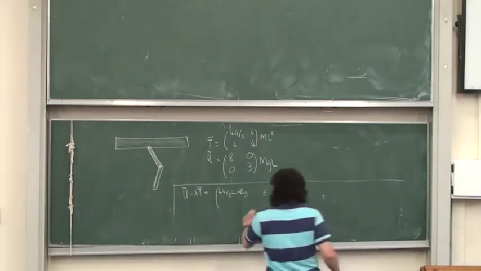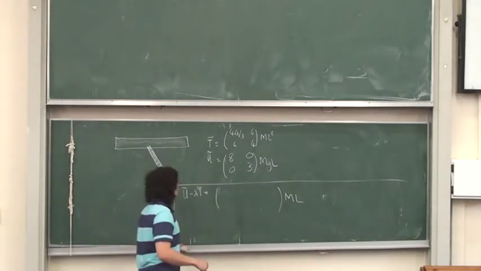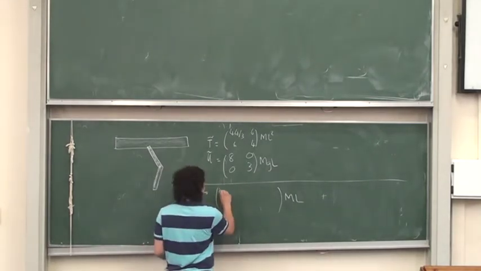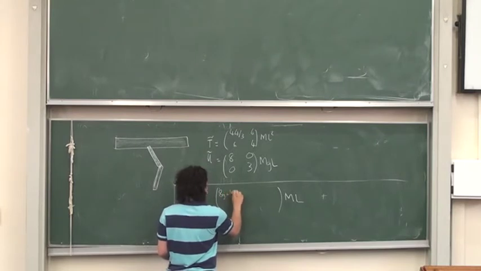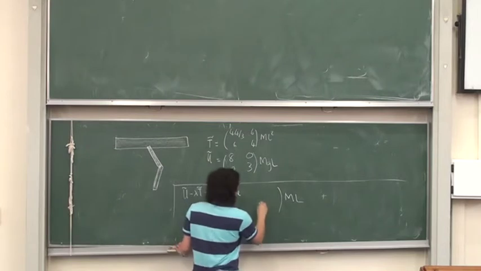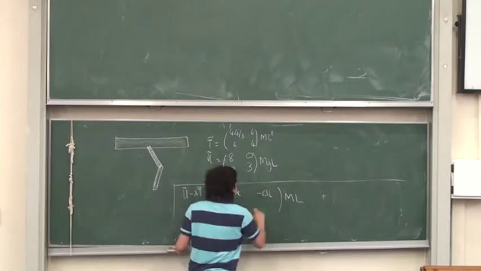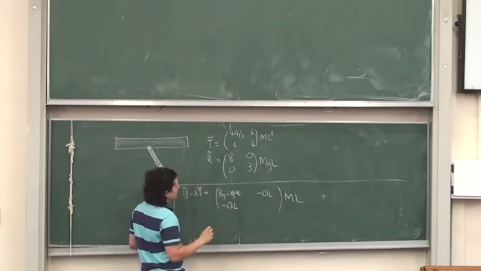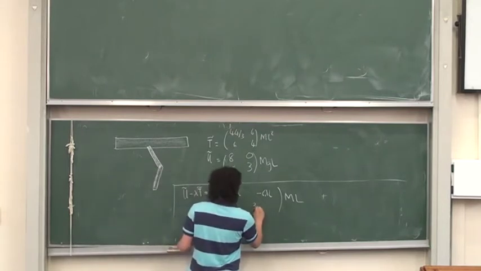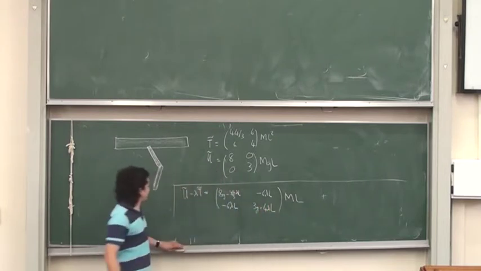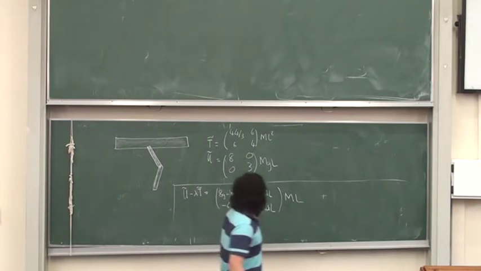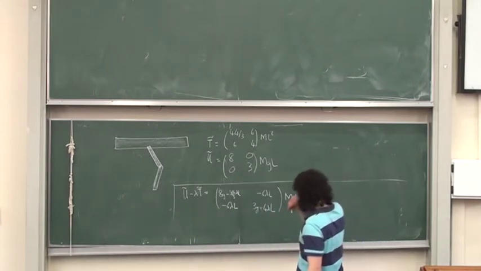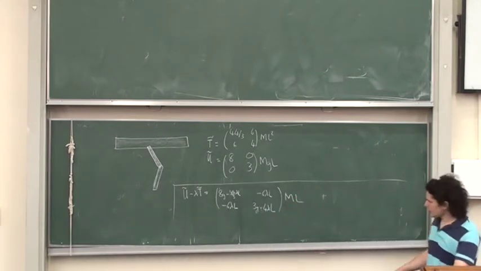Let's take u minus lambda g. So it's 8g minus 44 over 3 lambda L, minus 6 lambda L, minus 6 lambda L, and 3g minus 4 lambda L. That's not a particularly difficult story.